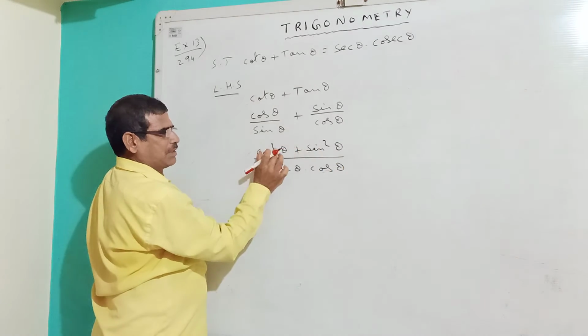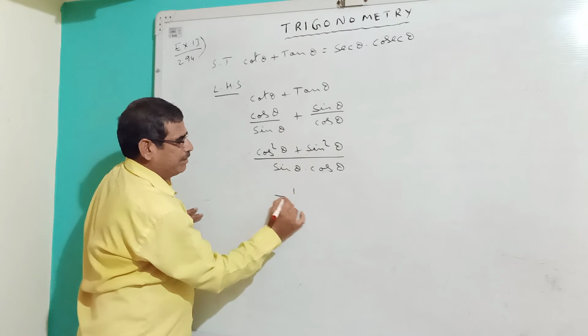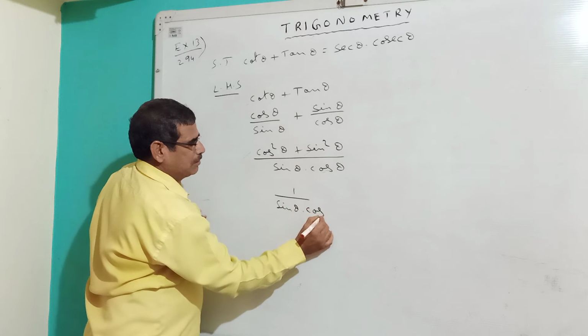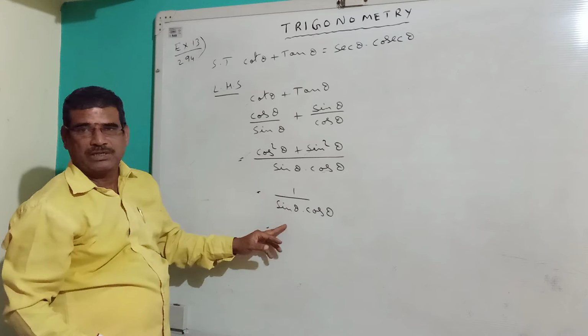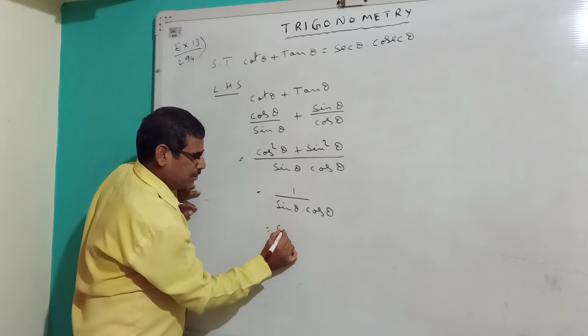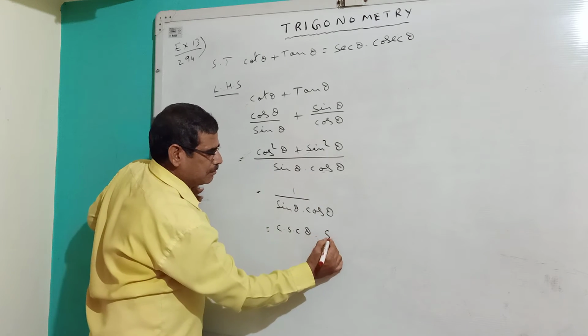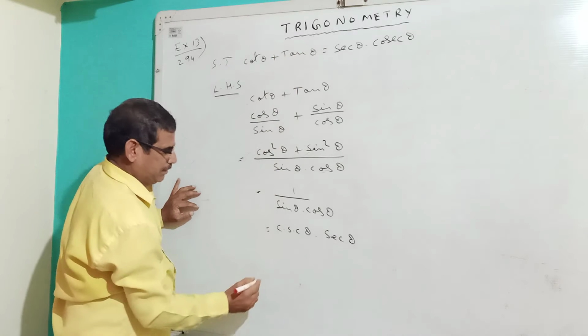We know very well, cos square theta plus sin square theta value is 1. So 1 divided by sin theta into cos theta. We know very well, 1 by sin theta means cosecant theta. 1 by cos theta means secant theta. So that is the right side.